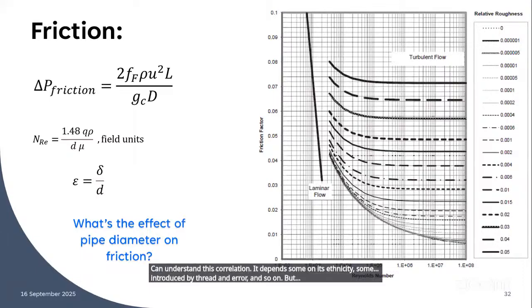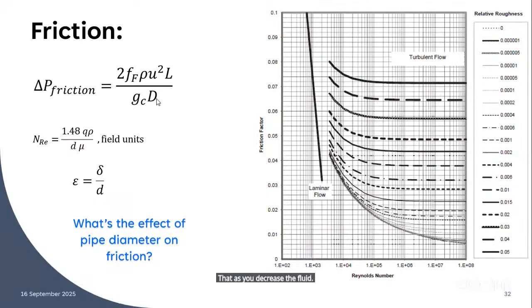But you have to understand one thing now, as a foundation for your understanding of productivity: as you decrease the tubing diameter, you will increase friction. So a lower diameter will increase friction. But be careful, because there is a sweet spot.